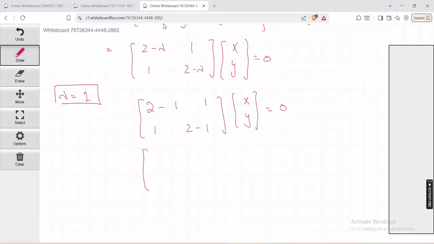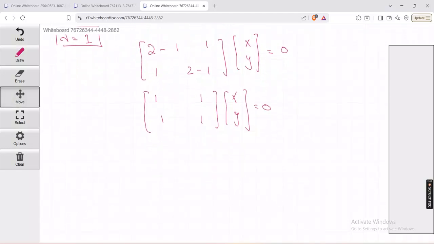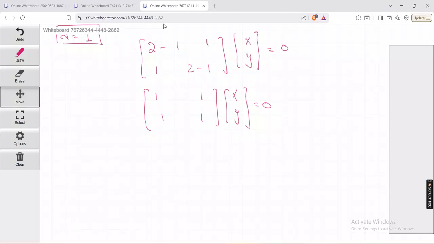So what is your equation now? 1, 1, 1, 1, x y is equal to 0. Now, once you reach here, what do you have to do? Now you have to put it in the equation. We just have to write x plus y is equal to 0 and x plus y is equal to 0.